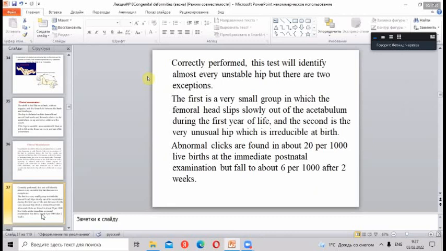Abnormal clicks are found in about 20 per 1,000 live births at immediate postnatal examination, but fall to about 6 per 1,000 after 2 weeks.